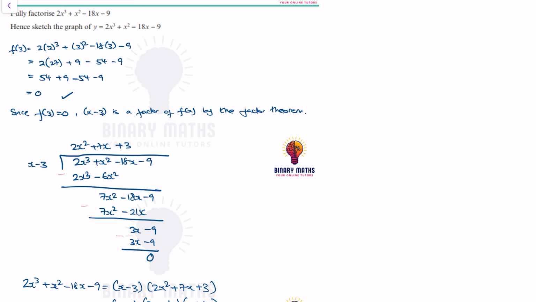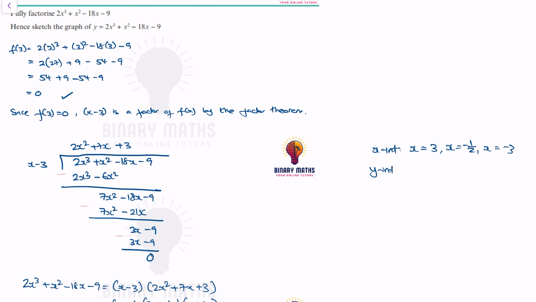So I've fully factorized it, and now if I'm trying to sketch this graph, I know that my x-intercepts are x equals 3, x equals minus a half, and x equals negative 3.